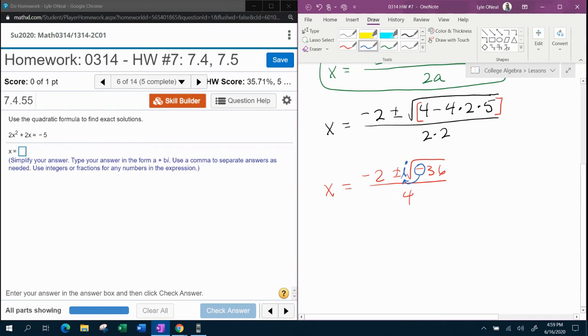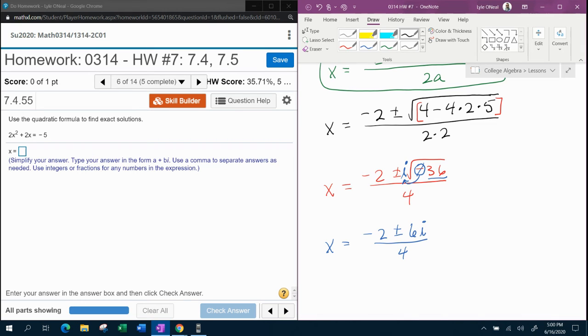And that's not bad grammar. So the negative underneath comes out and turns into i, and then the square root of 36 is 6. So we're going to have negative 2 plus or minus 6i all over 4.